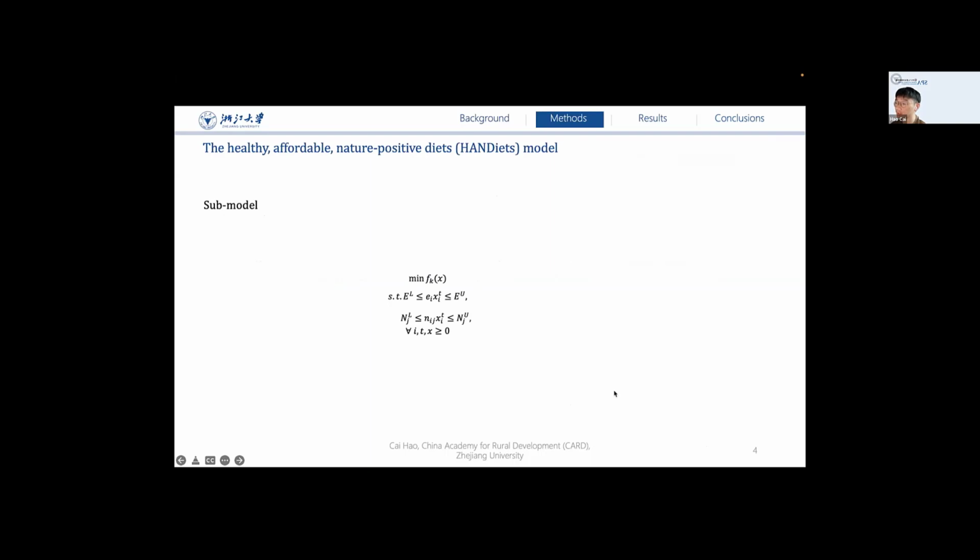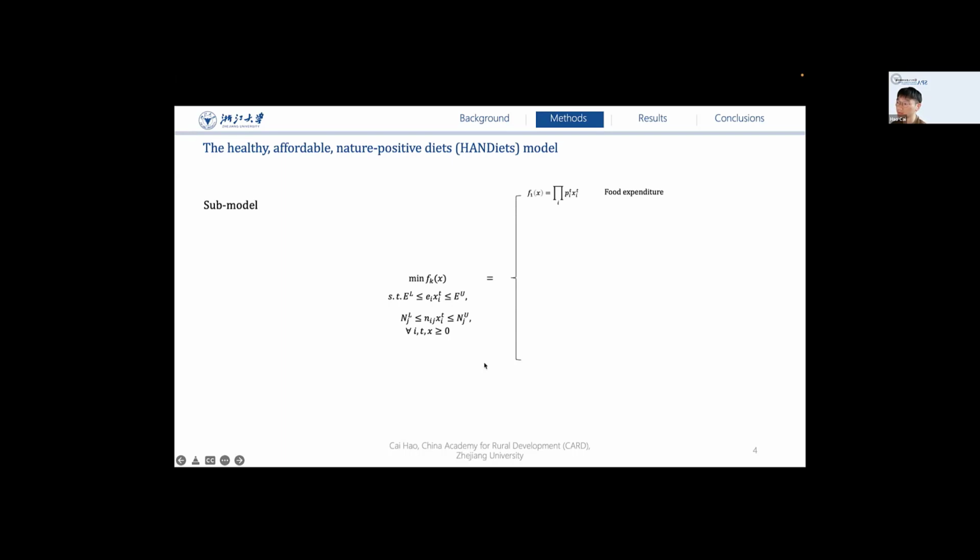So we established an optimization model to study this topic, and we call the model the Healthy, Affordable, Natural Positive Diets, HAND diets model. The HAND diets model is a multi-objective bi-level model with nutrition and energy intake constraints. The submodel of it first solves the optimal food consumption bundle X with minimum food expenditure and environmental impacts.